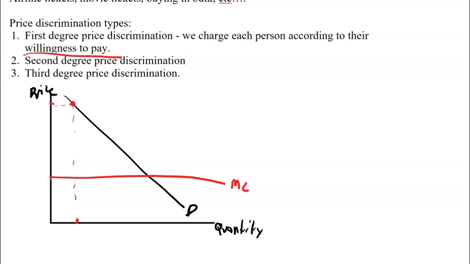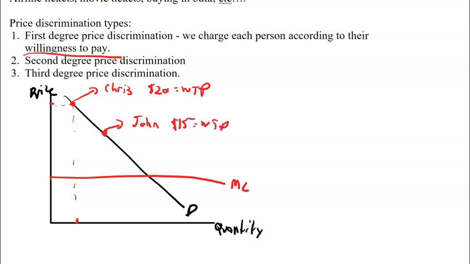So what first degree price discrimination does is this: let's say this person is Chris, and Chris values the product at $20. Let's say this is the WTP of Chris, and this is John, and John values this product at $15 of willingness to pay. So it's the same product, but they have different valuations.